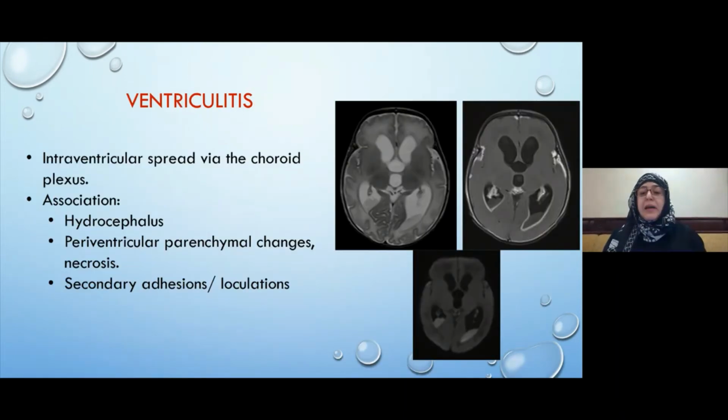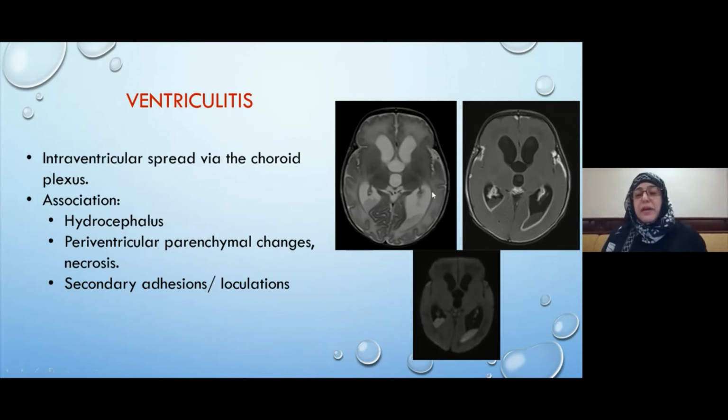Another collection can occur within the ventricles, and these collections are secondary to ventriculitis, which is due to choroid plexus involvement. The collection of diffusion restricting pus or debris will usually be seen within the occipital horns with associated dilatation because of obstruction of CSF movement, either because of the viscosity of the CSF or obstruction of the arachnoid villi.